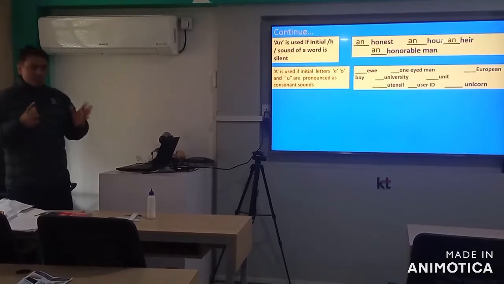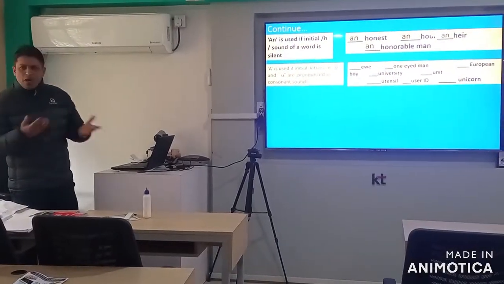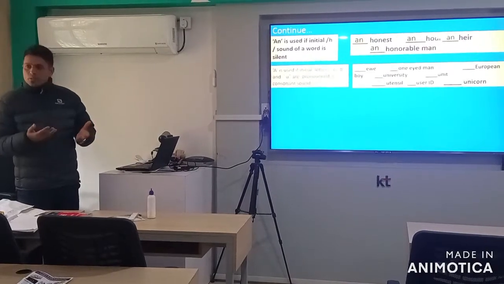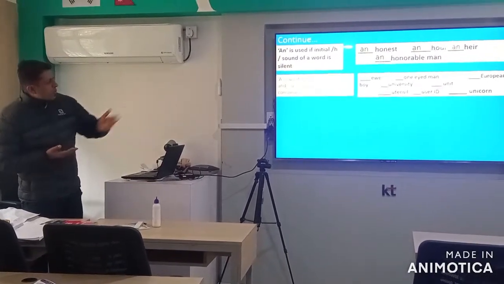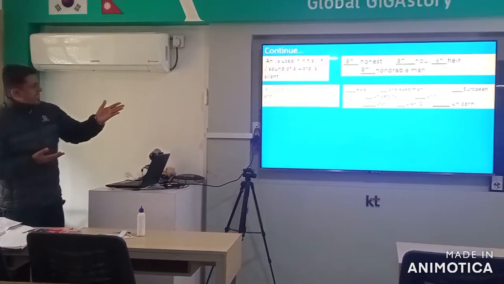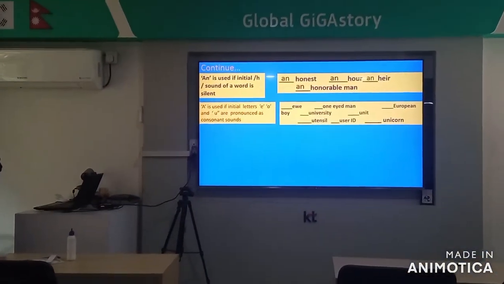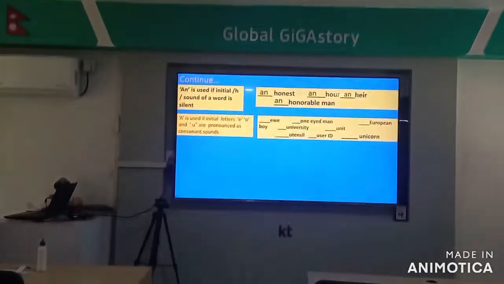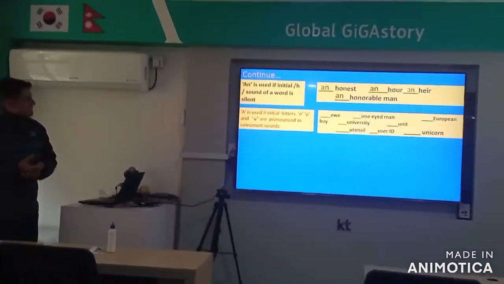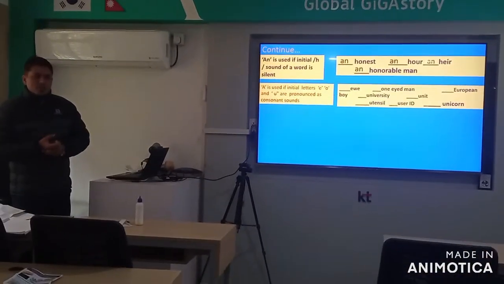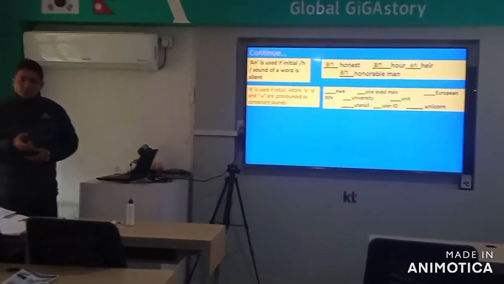So sometimes you might have confusion. You see E, this is a vowel, so you may write an, and U, then you will be wrong. Other words also start with a vowel alphabet, but they are giving what sound? Consonant sound. So which article are we supposed to use?